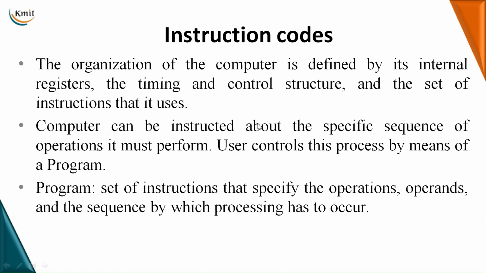A computer can be instructed about the specific sequence of operations it must perform. These operations are specified by the user by means of a program, right? So what is a program? A program is nothing but a set of instructions. What does this set of instructions specify? They specify the operation that has to be done, the operands, and also the sequence in which the instructions have to be executed.